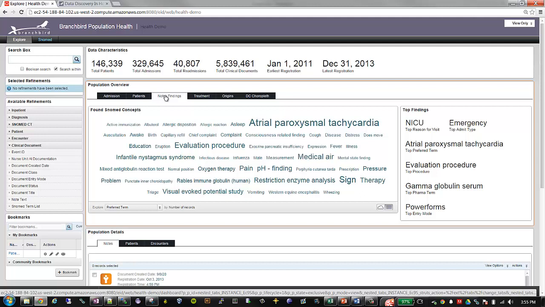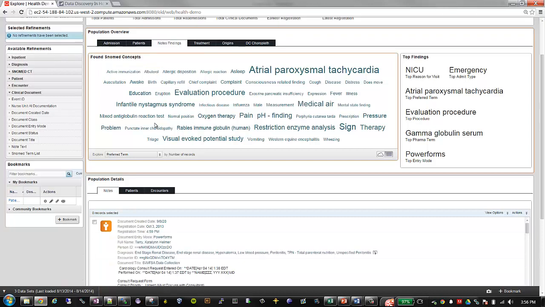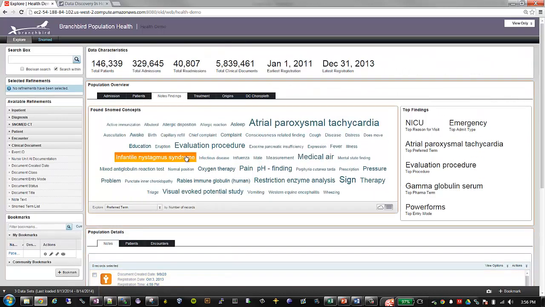So one of the tabs that we didn't show in the solution in some of those previous sessions was some of the tag clouds that highlight what the most frequently encountered concepts are that we're seeing within the corpus of unstructured information. And so by leveraging and tagging according to those concepts, as we're slicing and dicing the solution, we can see what the medical notes are telling us in terms of those concepts.